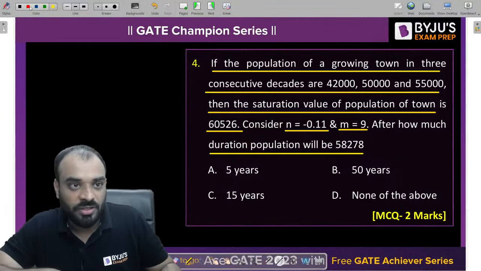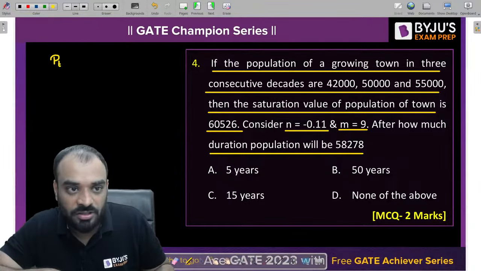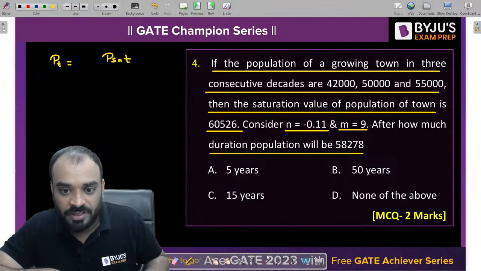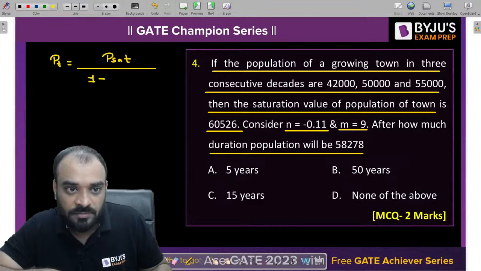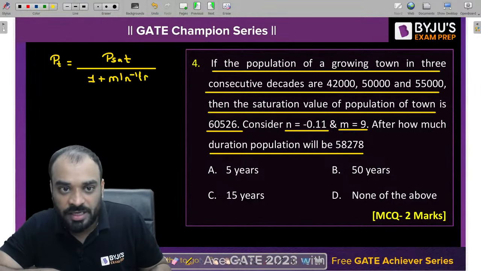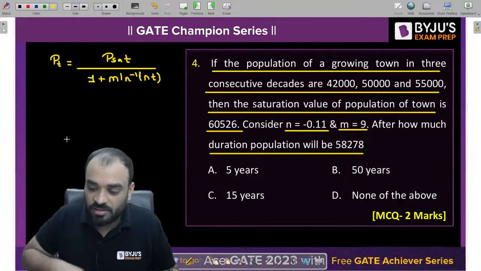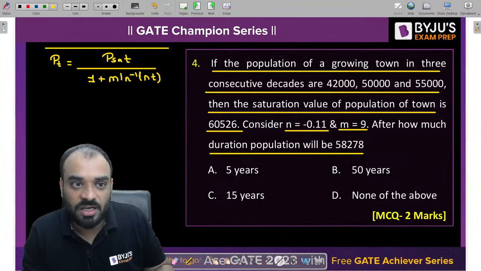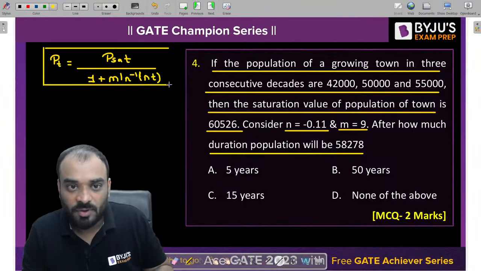So do you remember the formula, guys, to calculate the forecasted population by the logistic curve method? Pt is equal to Psat divided by 1 plus m times ln inverse bracket n into t. This is the formula, right?